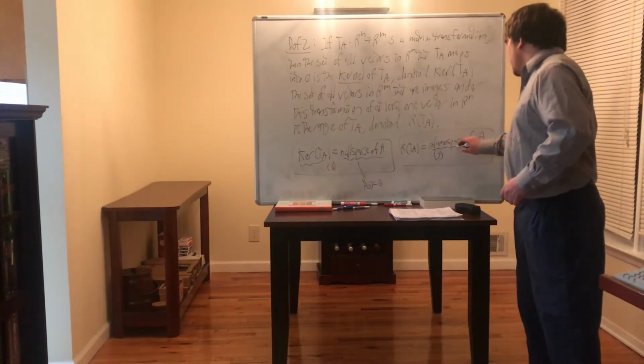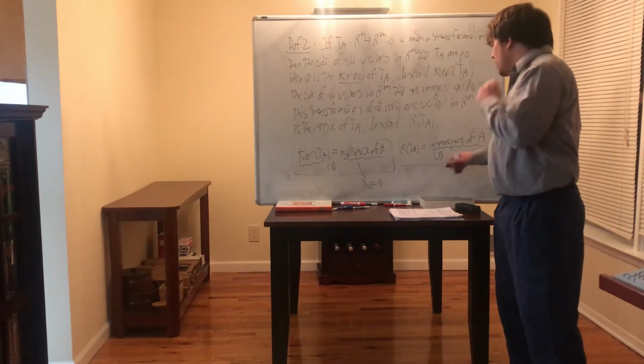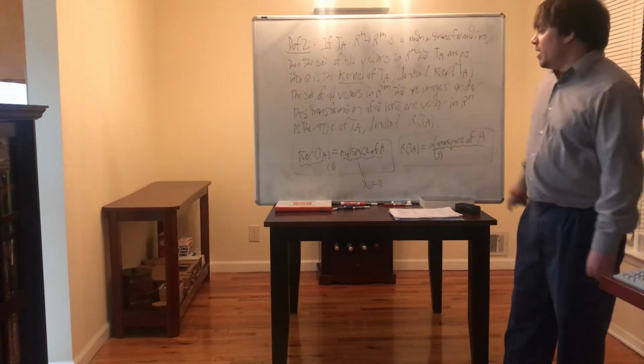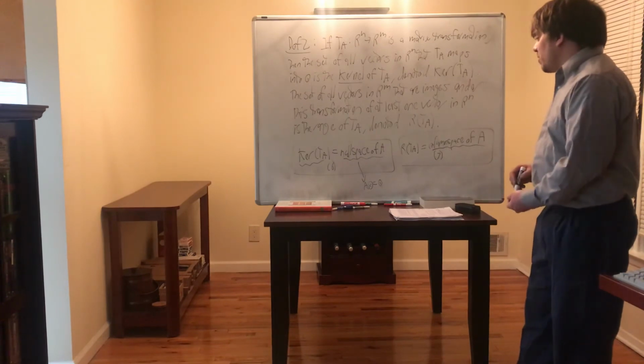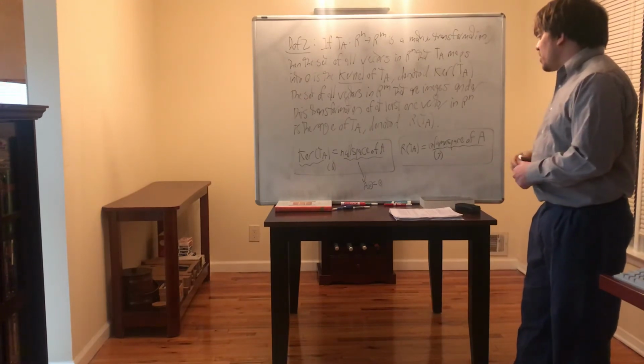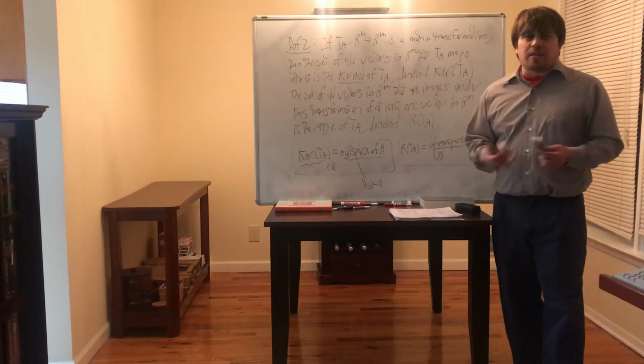The column space of A is just the span of the columns of A. Well, the span of the columns of A is just the set of all linear combinations of its columns.